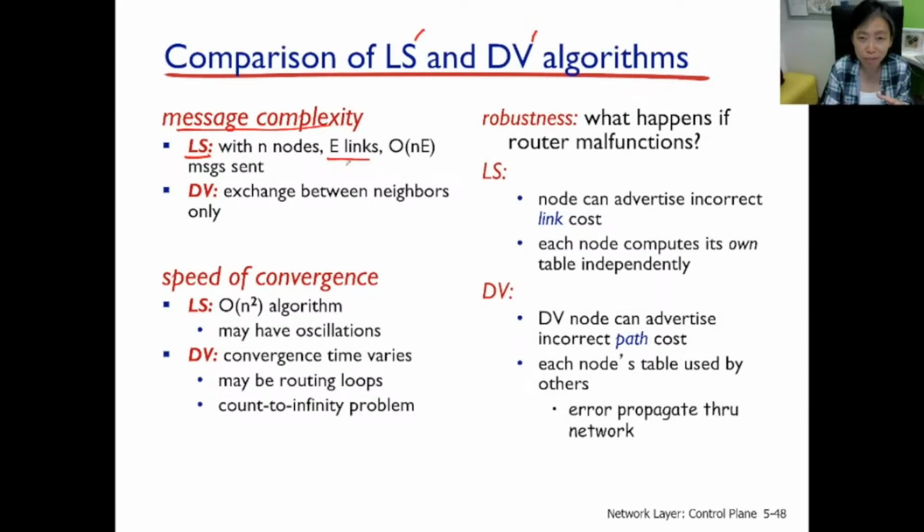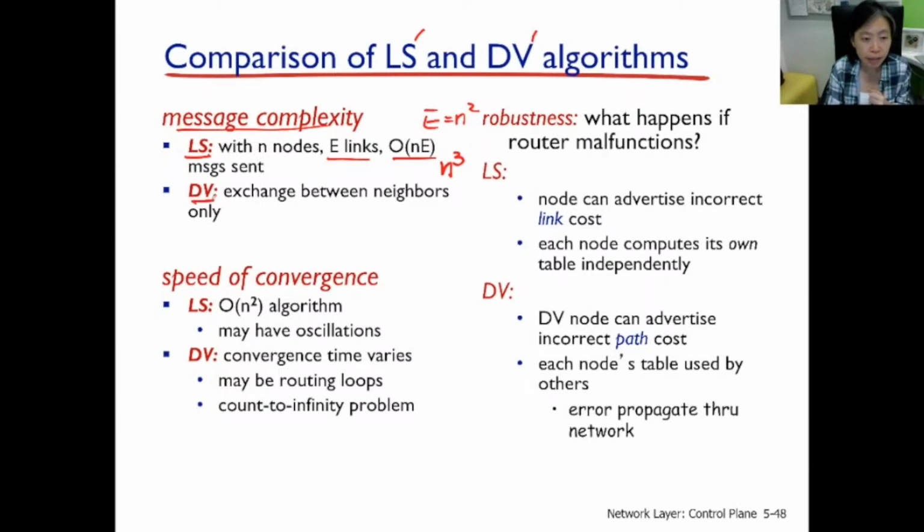There are E links and N nodes, each generating link state reports, therefore overall cost is N times E. In the worst case, where the network is very well connected, E is on the scale of N squared, so overall the cost can go as high as N cubed. So link state message complexity is not good at all.